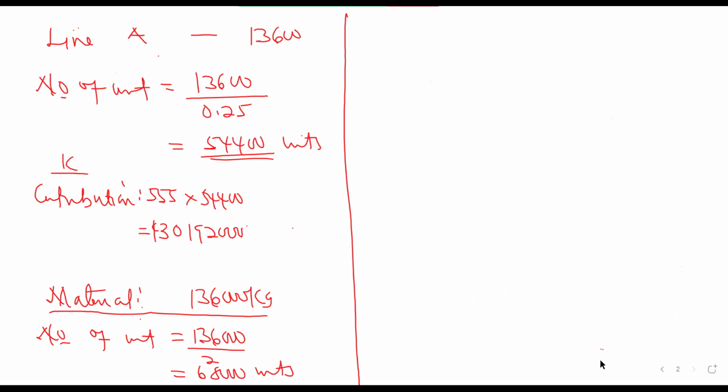So on line A, the hours will be 0.15 multiplied by 68,000. How many hours are we going to be using? 10,200. Yes, 10,200.